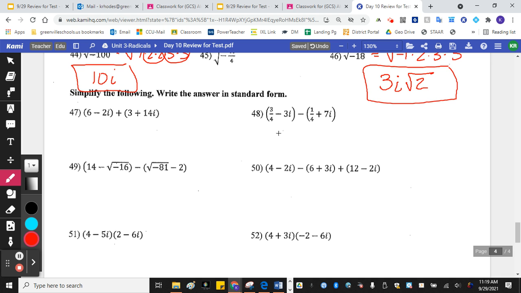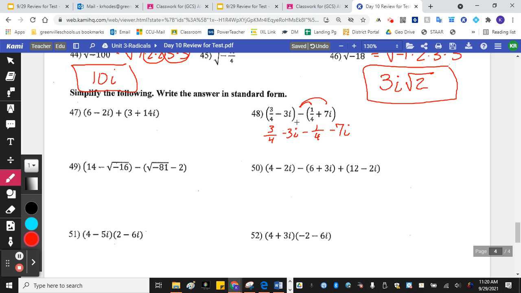All right, subtracting. Distribute your negative. Combine your real terms. Combine your imaginary terms. But you just foiled. No, this is subtracting. You've got to look at the sign in the middle. If there's no sign in the middle, that's when you foil.